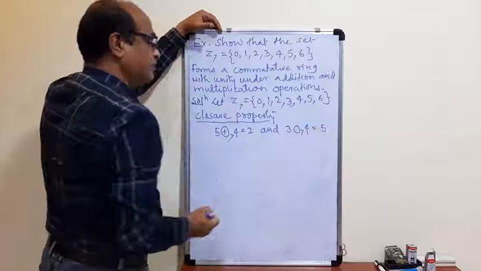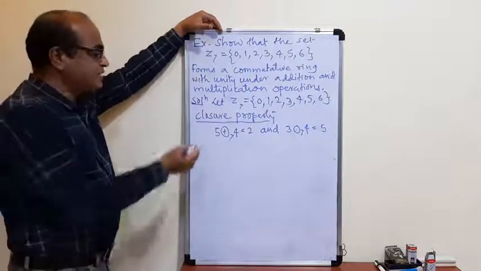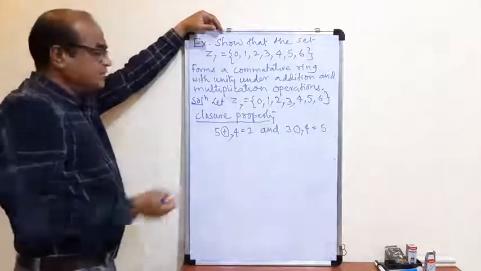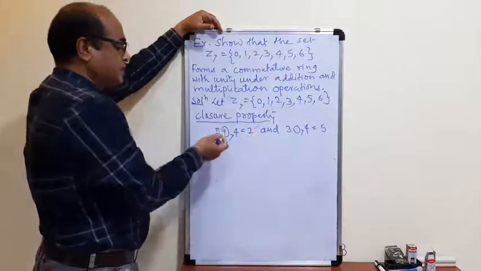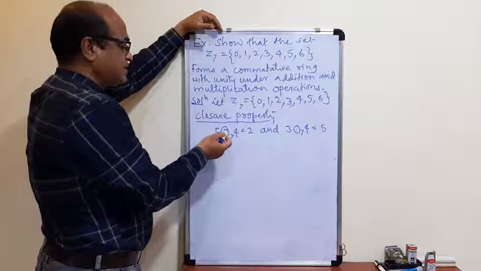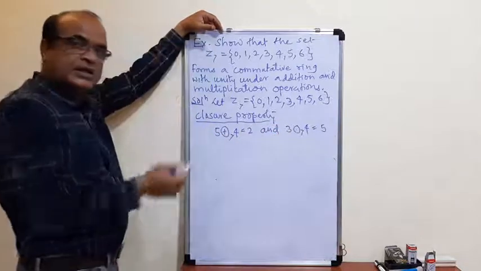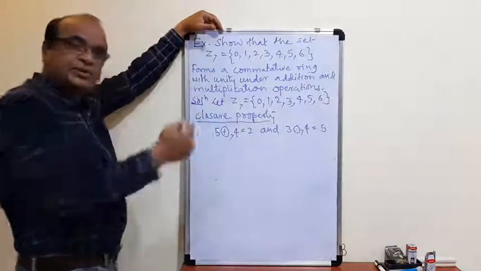What is the definition of addition modulo and multiplication modulo? So this is the addition modulo 7 and this is the multiplication modulo 7. These are the addition and multiplication operations here.